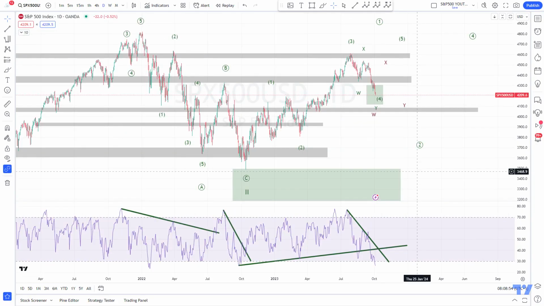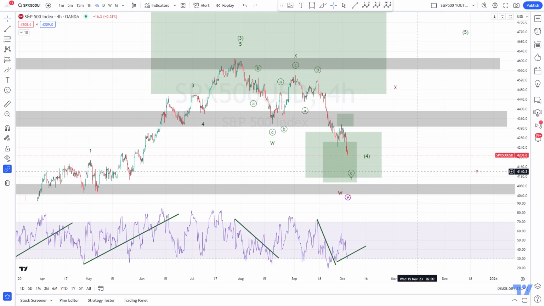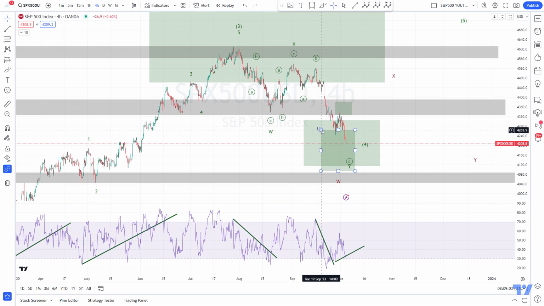Now, if we then look at the 4-hour, we see some signs of a reversal. If we take this wave C cycle here, we broke this RSI trend line, and we currently have divergence.